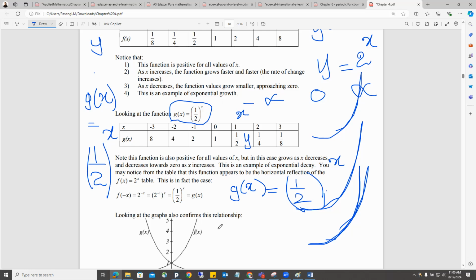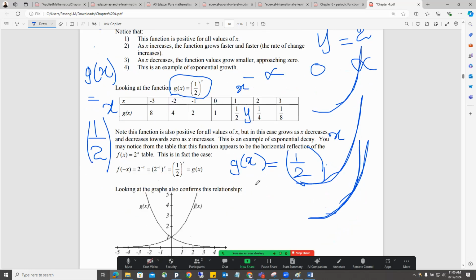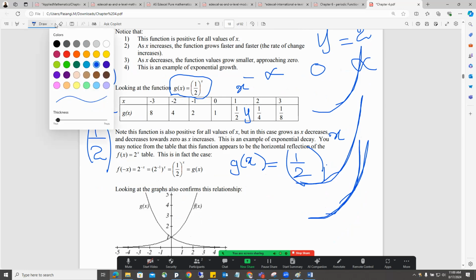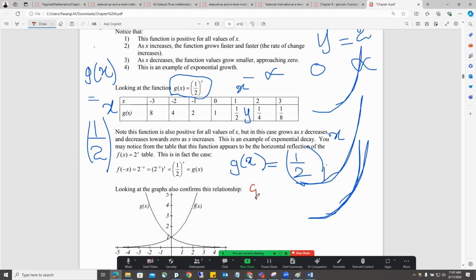Now you can see what will happen here. This function is actually half to the power of x. Half, you can rewrite it as 2 to the power of minus 1, right?